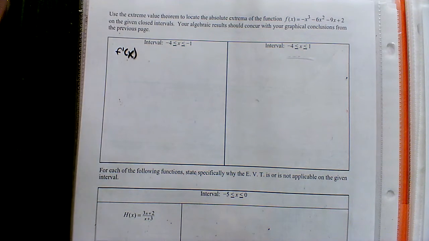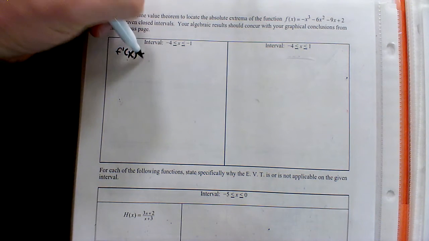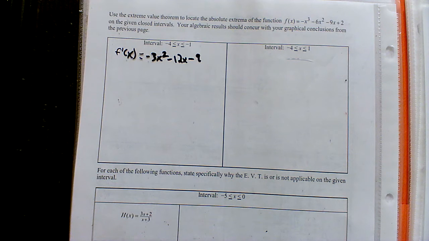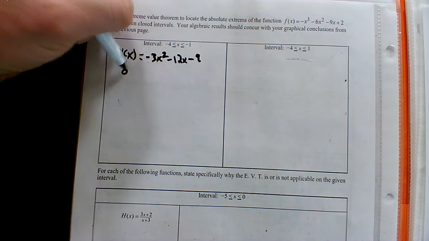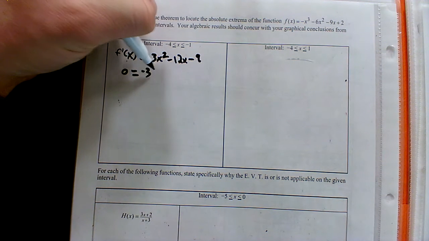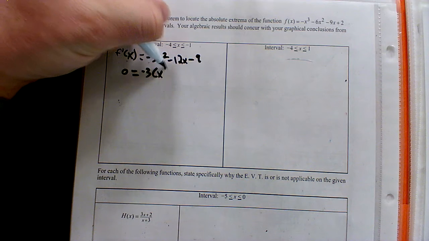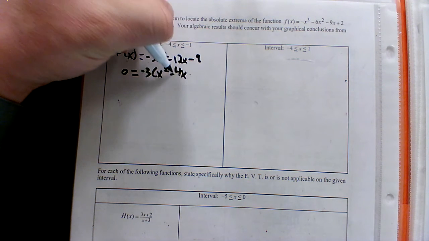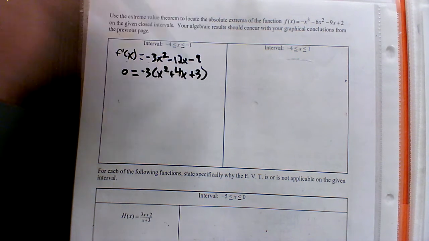We're going to take the derivative of that original function at the top. We get -3x squared minus 12x minus 9. We would like to be able to factor it and set it equal to 0. I can pull out a -3. That's x squared plus 4x plus 3.